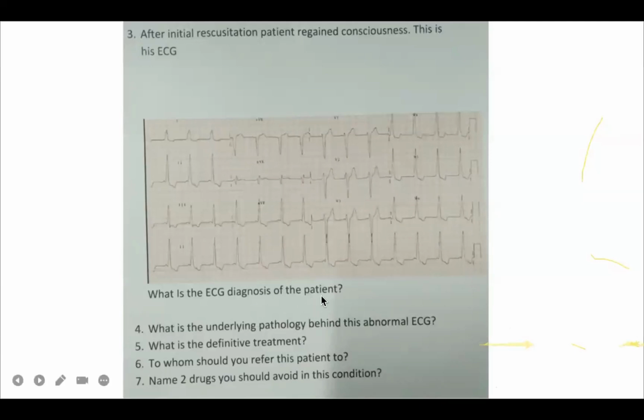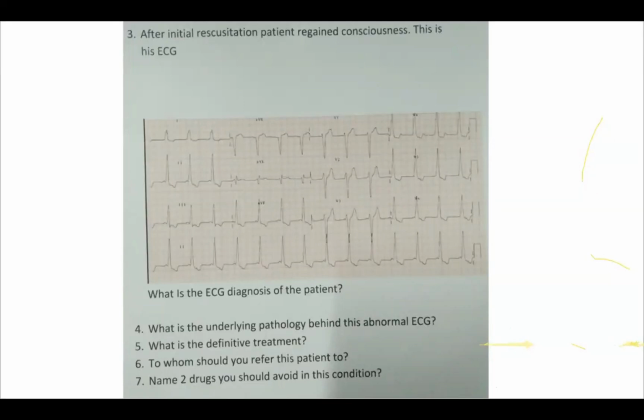What is the definitive treatment? Ablation. Yeah, don't just say ablation, it's radiofrequency ablation of the accessory pathway. So always write the complete answers in your OSCE, whatsoever the OSCE station, right? So if it is a rash in the left hand, that is important, right? But anyway, try and give complete answers, right?